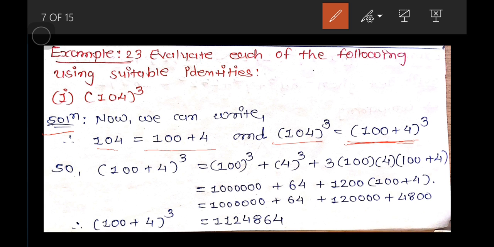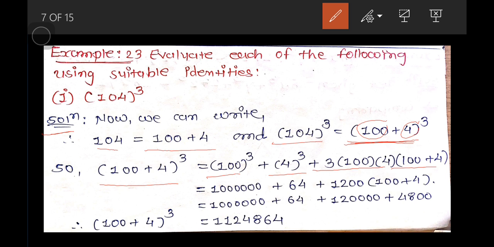So we put x as 100 and y as 4 in the identity. So (100 + 4) cube is equal to 100 cube + 4 cube + 3 into 100 into 4 into the bracket (100 + 4).